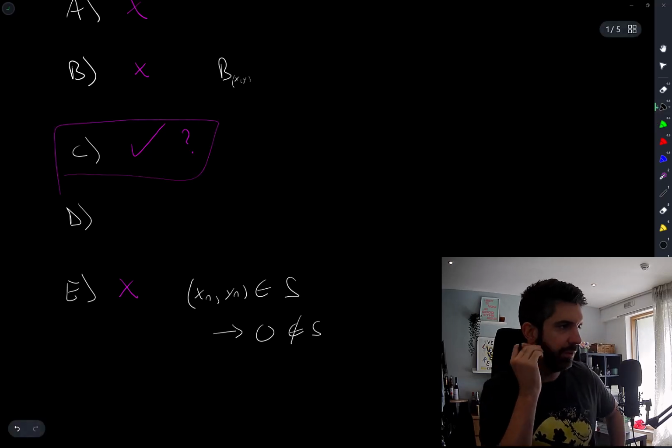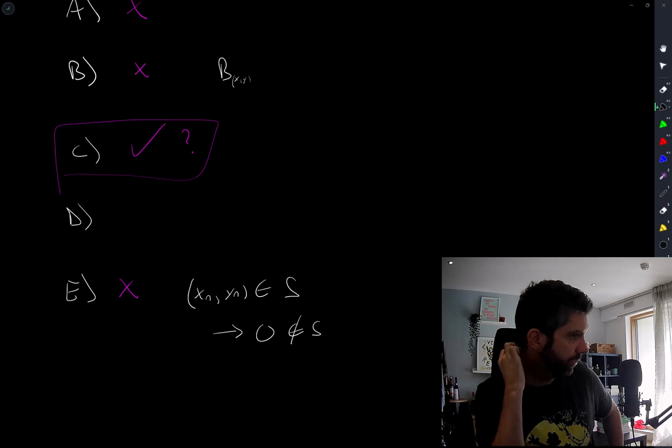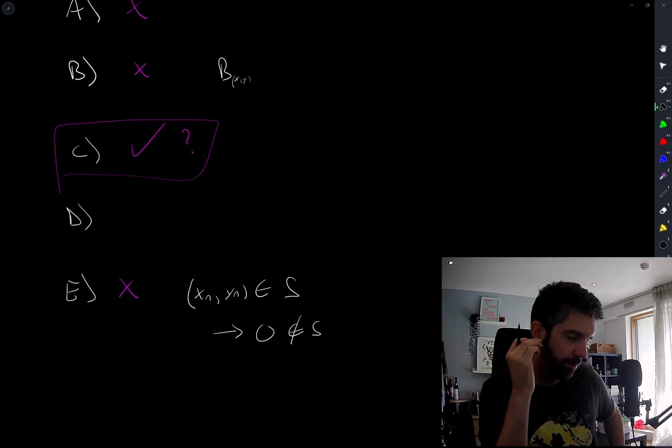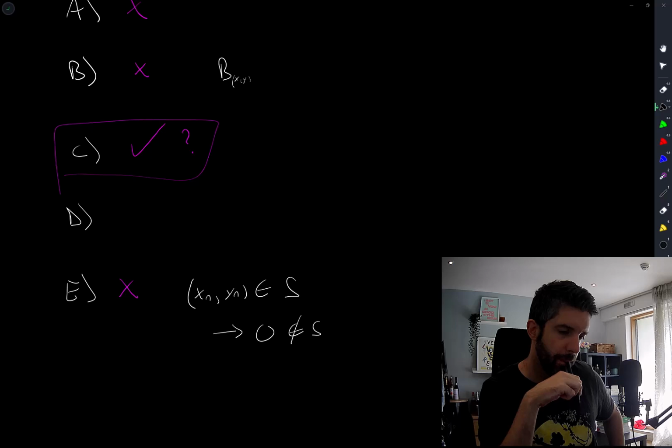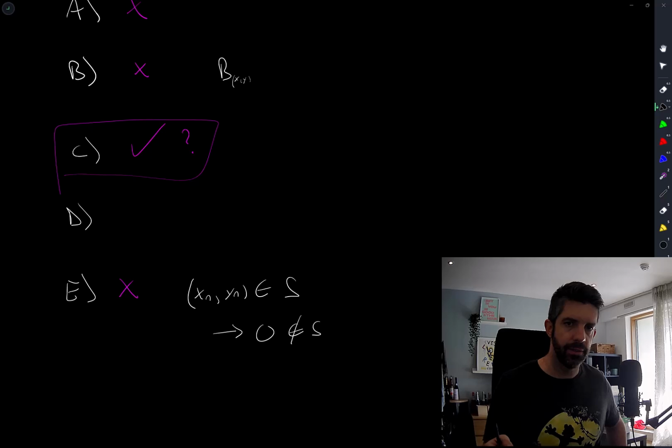Totally disconnected means the only connected components are singletons. But if I take a singleton and put an arbitrarily small ball around it, I hit another one of the points. Is that a contradiction to totally disconnected? Probably. In fact, that's got to be it right there.